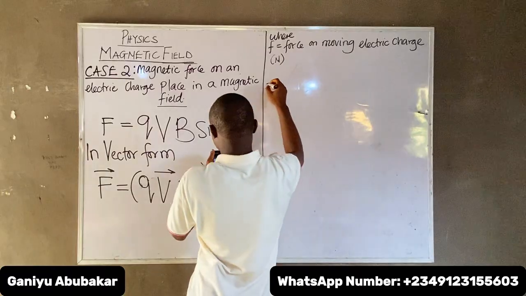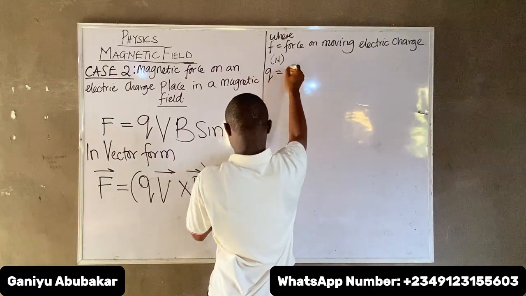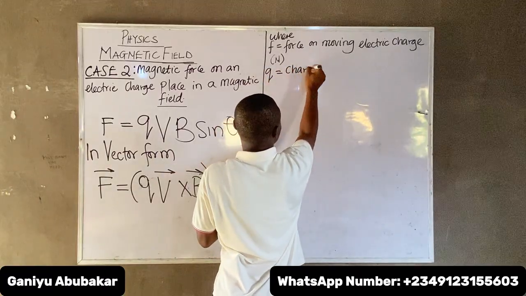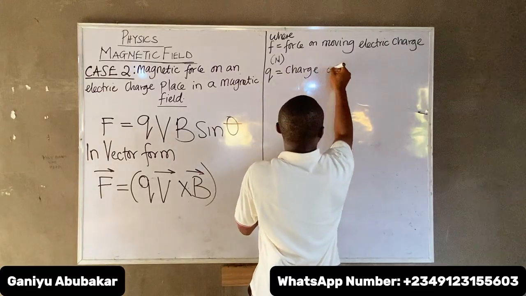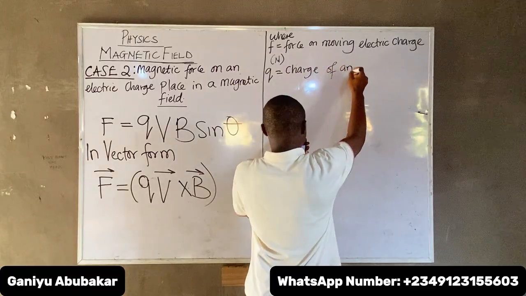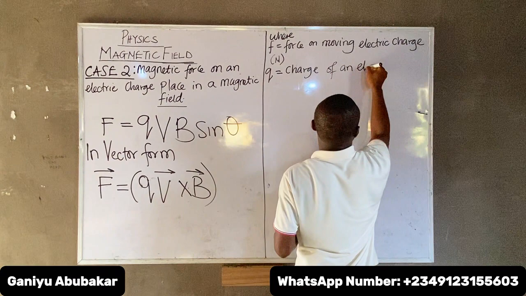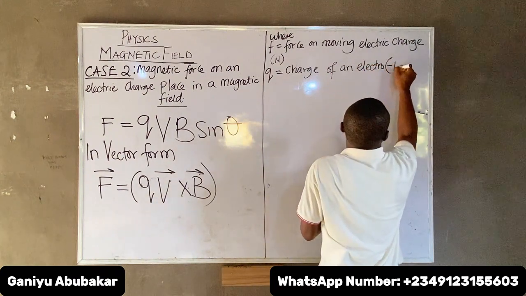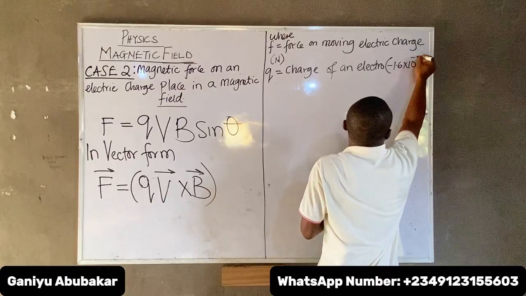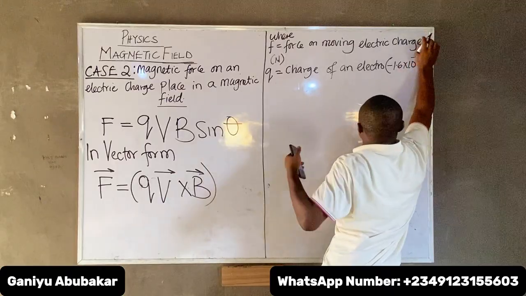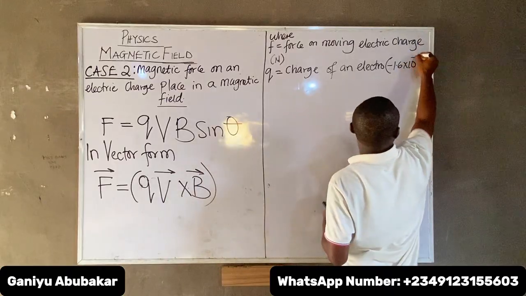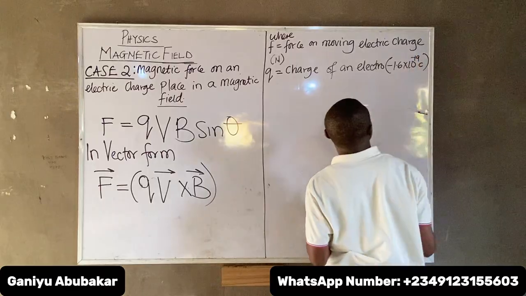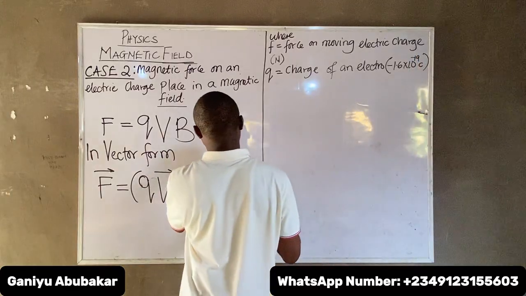Next, Q is called the charge of an electron. It has a constant value, which is minus 1.6 times 10 to the power of minus 19 Coulomb.